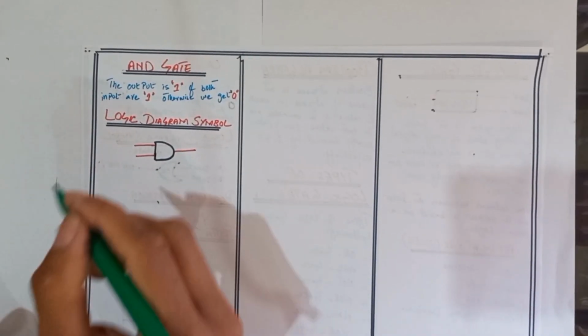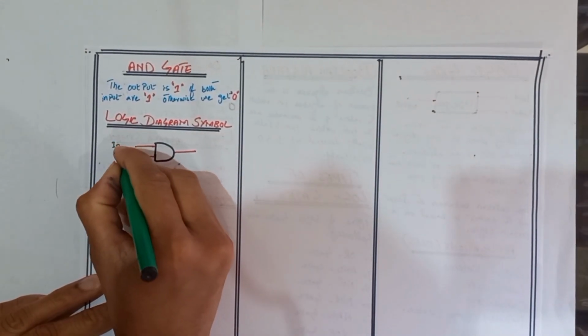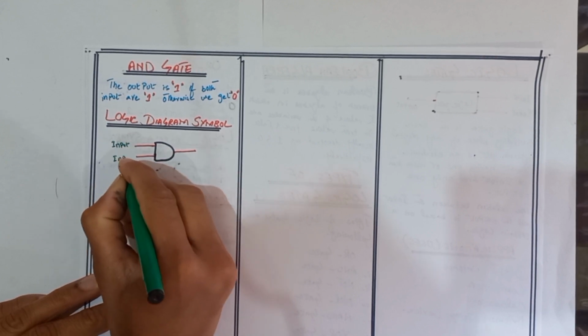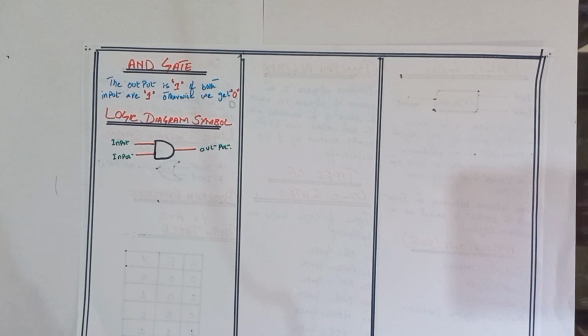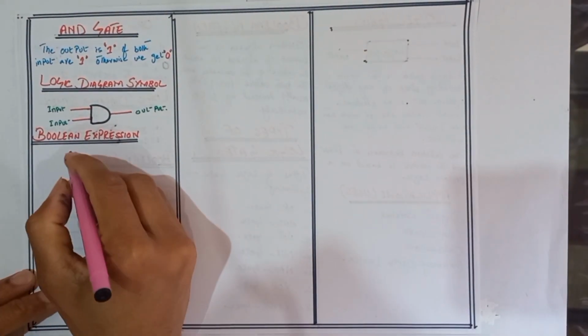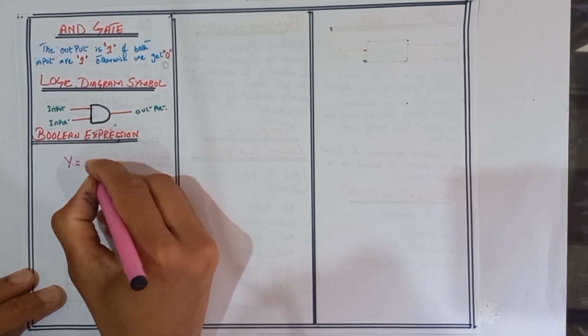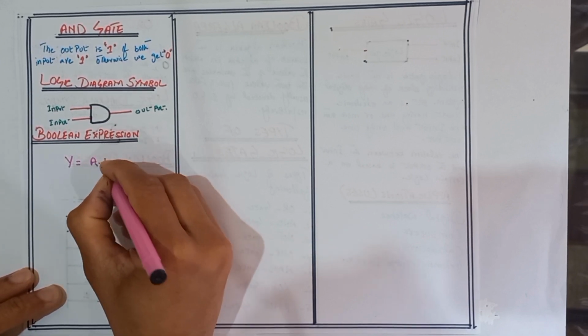In the logic diagram symbol, we use two inputs and one output. In the Boolean expression, we get the output of the AND gate when we multiply the two inputs, A dot B.